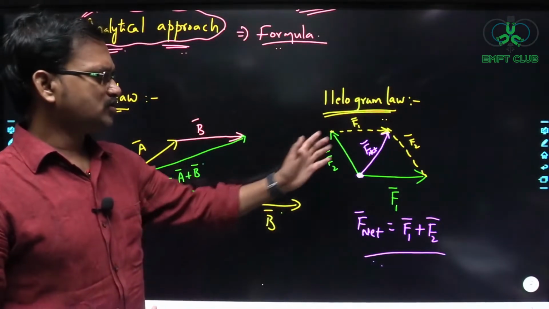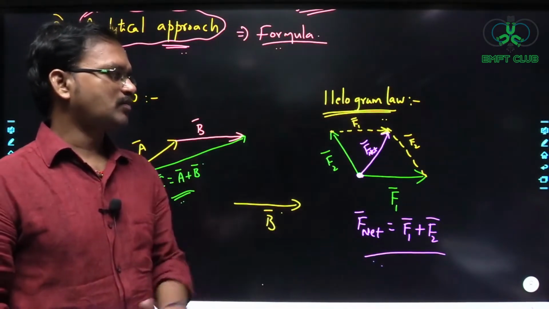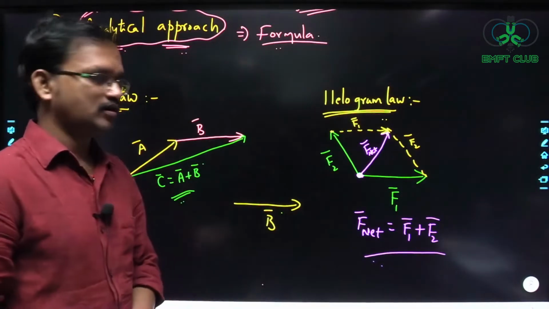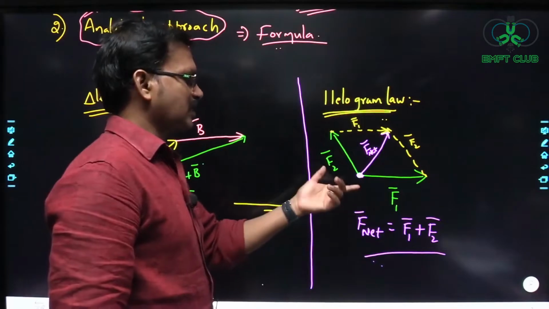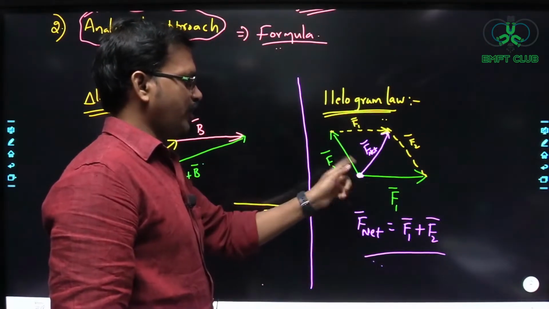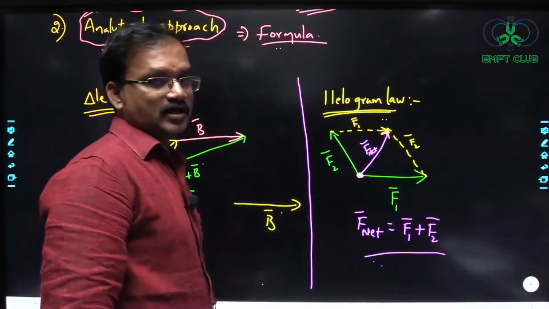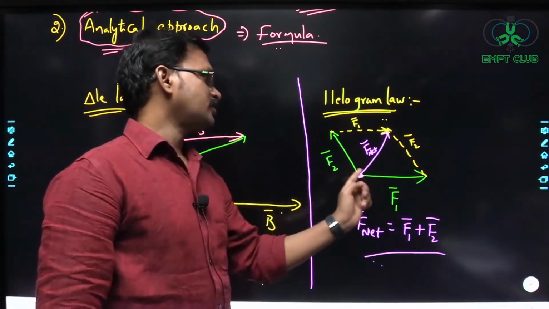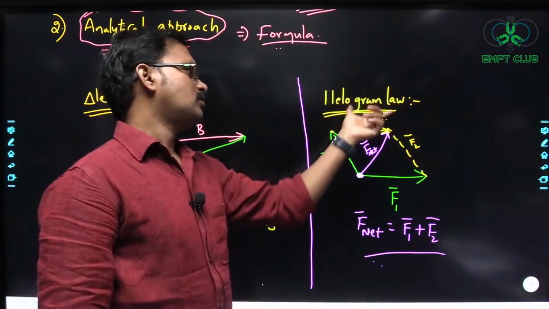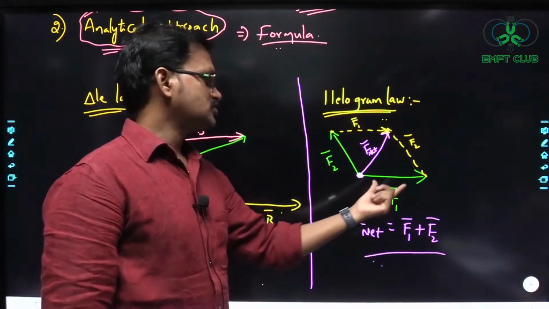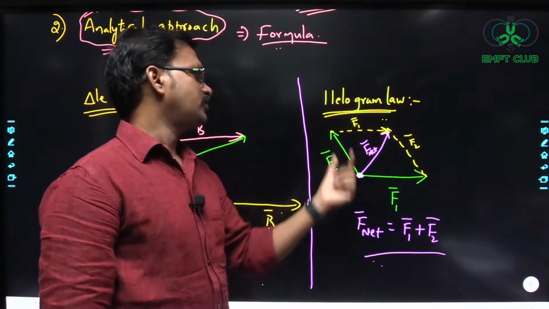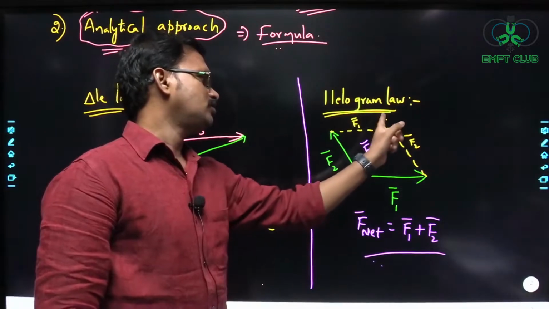So you know these things also, that is the parallelogram law of forces. Whenever two forces are acting simultaneously at the same point in two different directions, you can apply the parallelogram law of forces to get the resultant force direction. Draw a line parallel to F1 and another line parallel to F2.